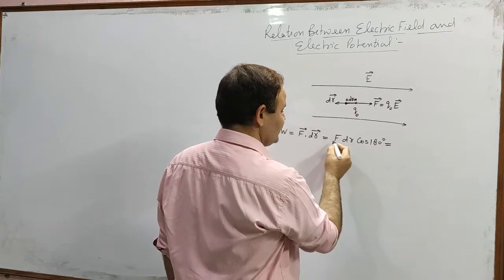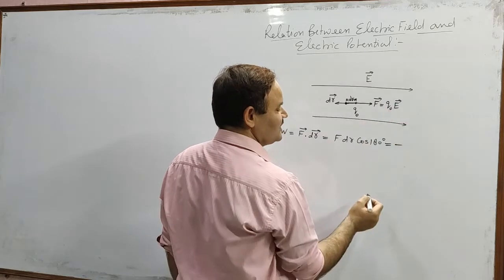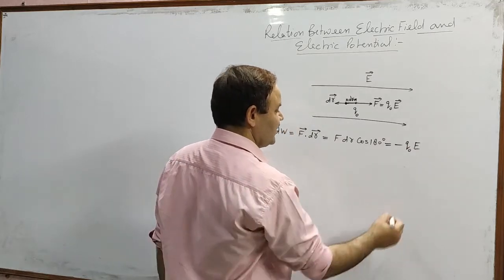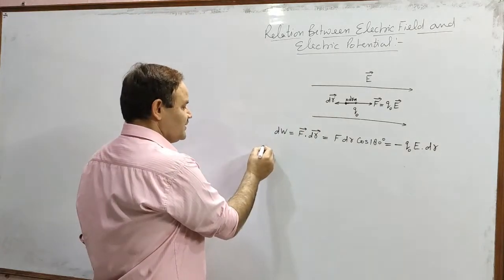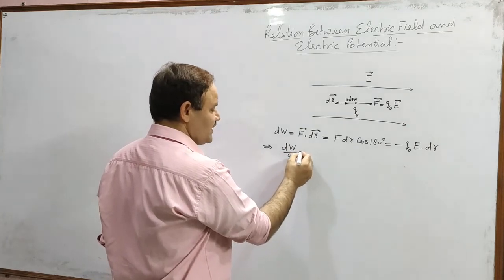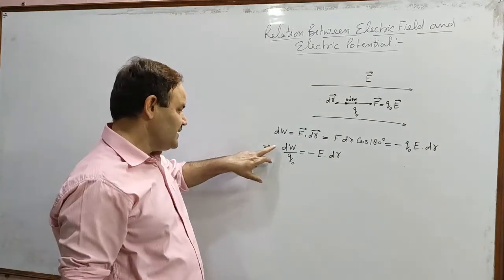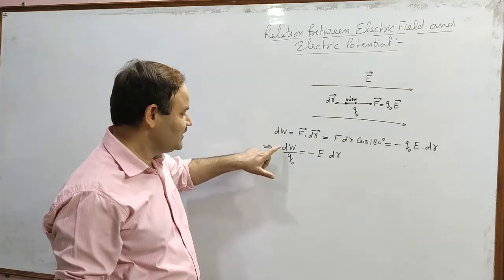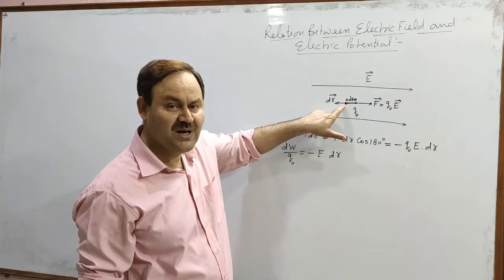So this is equal to minus value of F, magnitude of charge multiplied by magnitude of electric field, that is Q naught into E and into dr. This implies dW upon Q naught is equal to minus E into dr. This expression shows that dW upon Q naught is work done in moving unit test charge from one point to another.